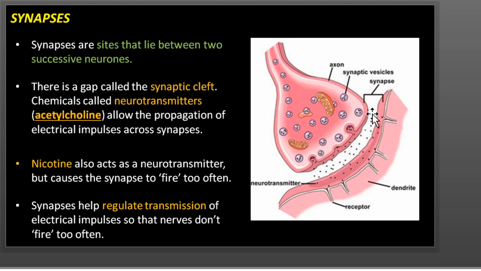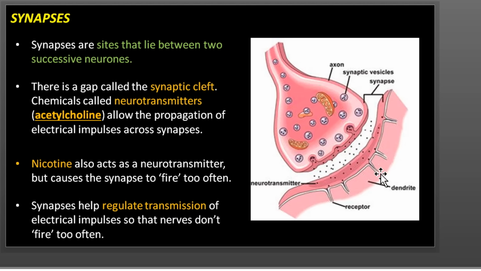These neurotransmitters, an example is acetylcholine. These allow the propagation of electrical impulses across the synapses. Basically what that means is that think of the neurotransmitter building a bridge between the two neurons so it could cross this little gap here. So when the impulse comes through this neuron, the neurotransmitter could allow it to go to this other neuron here.